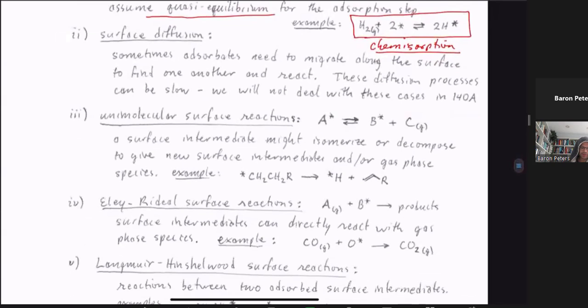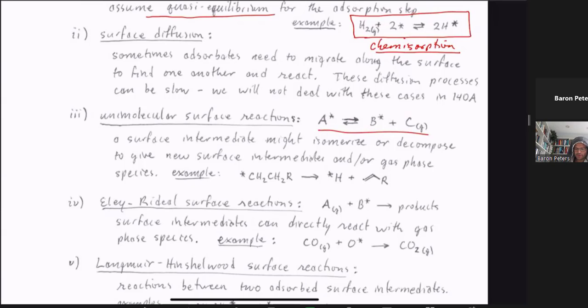Let's also talk about unimolecular surface reactions. So this is a case where you have a single adsorbate attached to a surface, and it's going to undergo a reaction that transforms it either into another adsorbate or another adsorbate minus some species that is kicked off into the gas phase. Okay, so that's the generic notation for one of these unimolecular surface reactions.